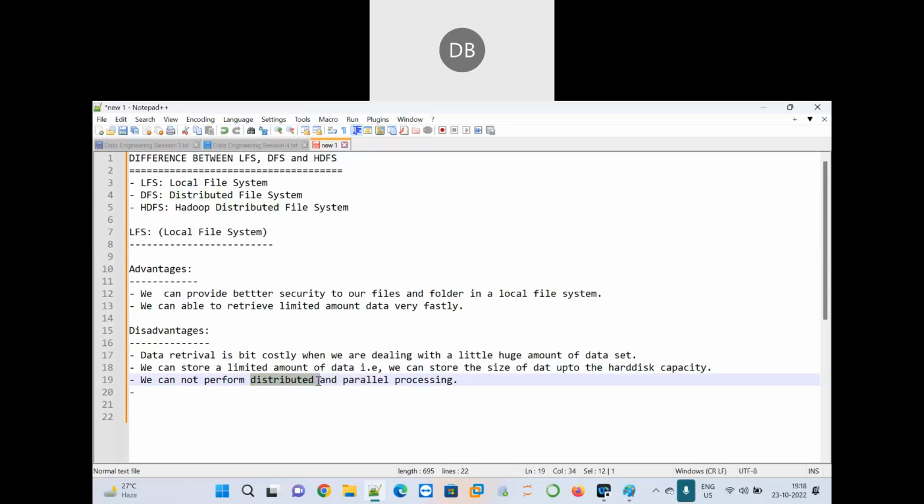Distributed and parallel processing we can achieve only when we are dealing with a cluster, where multiple nodes are joined together and we access the data, and at the same time we achieve distributed and parallel processing. Okay. Then in the local file system, it is not possible.